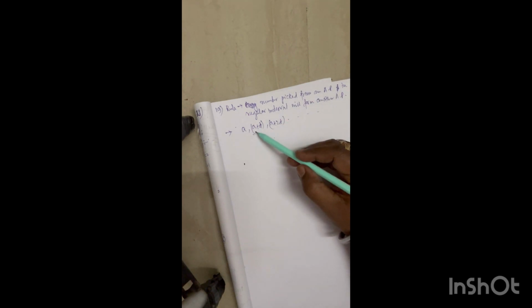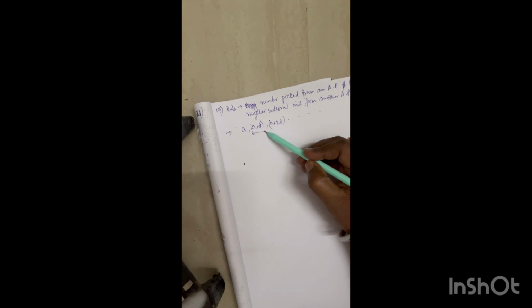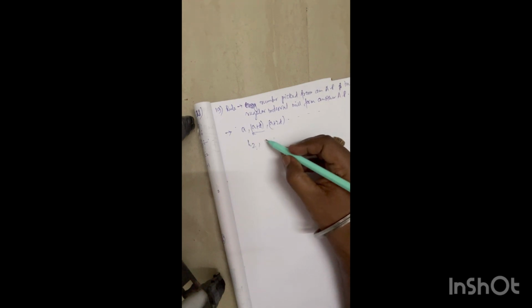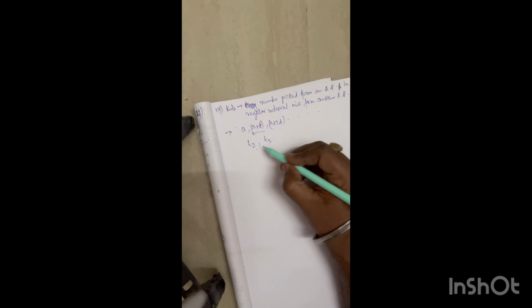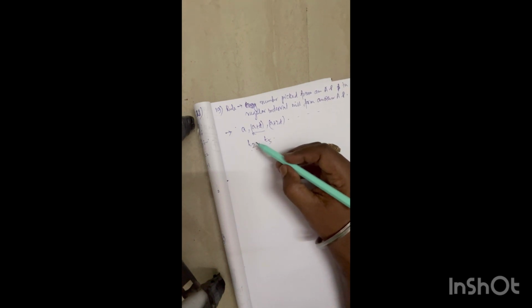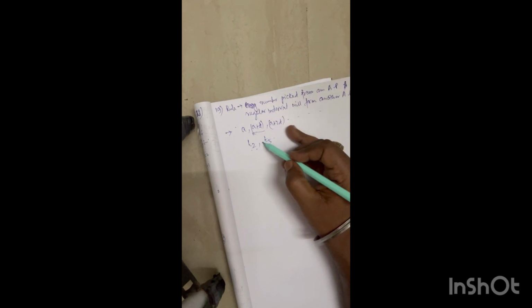As per the condition, I pick terms at regular intervals. Let me pick t2 first, and the next term I want to pick is t5.